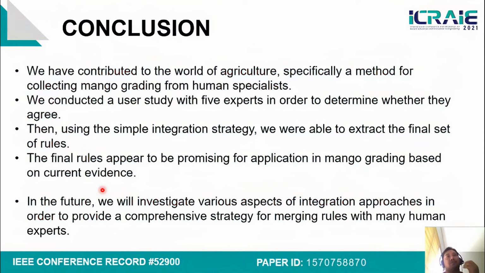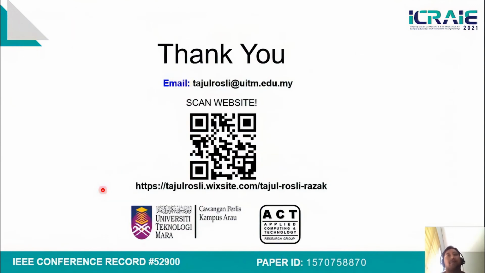I would like to note as well that this strategy can be adapted to other types of rules. Here is the first step to show how we can extract the rules given by the experts, how we can go to the ground rule to get the rules based on the experts. I think that's all from my presentation.